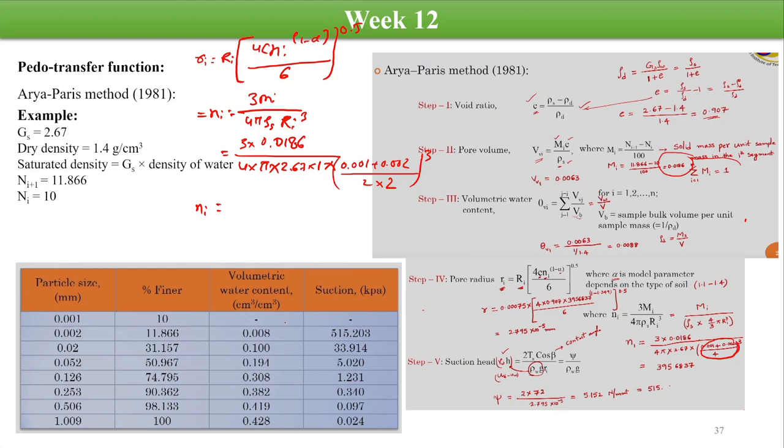It will come as 3 into 0.0186 divided by 4 into pi, multiplied by 2.67 multiply 0.001 plus 0.002 upon 4 to the whole power 3, and this bracket is closed.